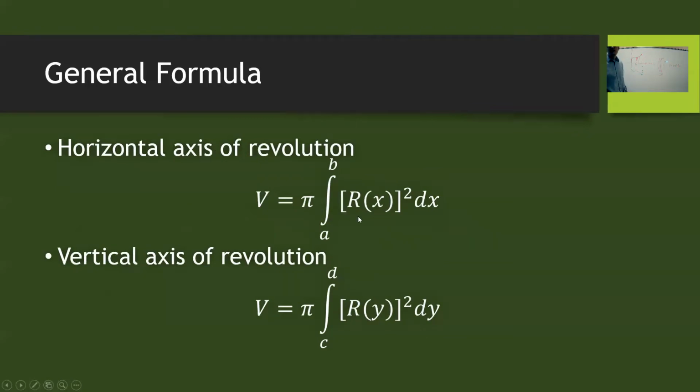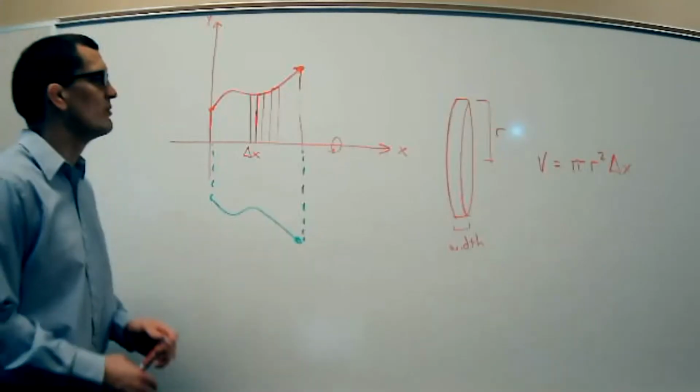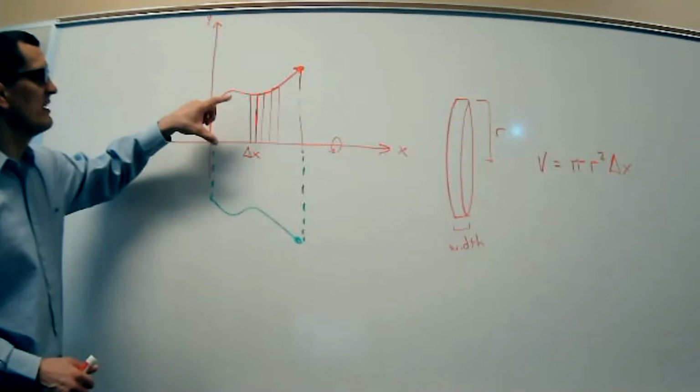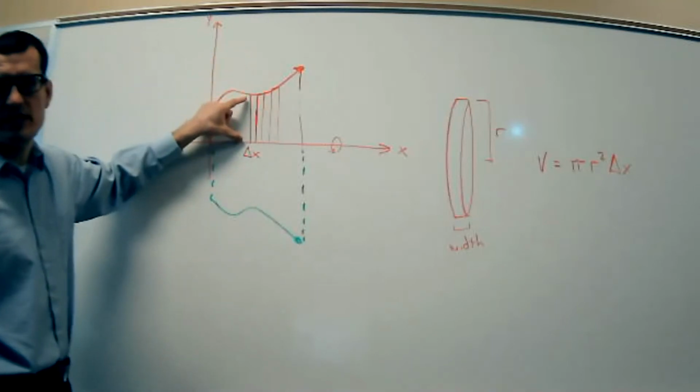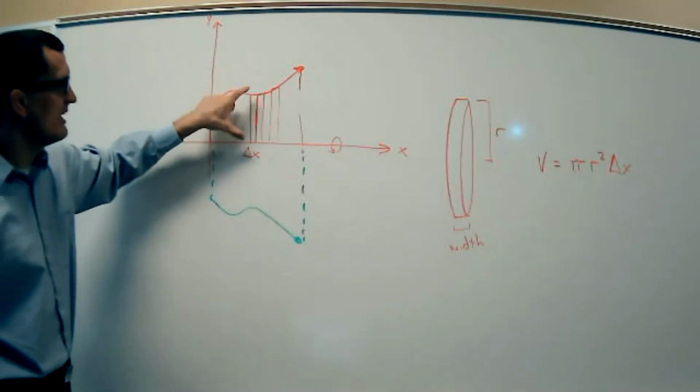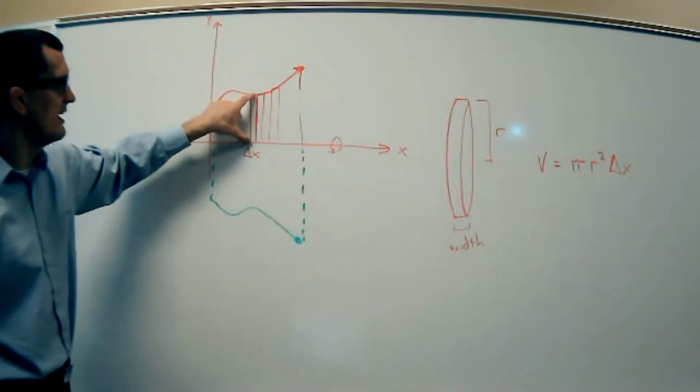Now, you might see here that in my formula, I had a specified radius, which I called r. Here we have r of x. So my radius is a function of x. The reason is because if I'm looking at this disk that I just drew here, it's going to have a radius of, let's say, 3.